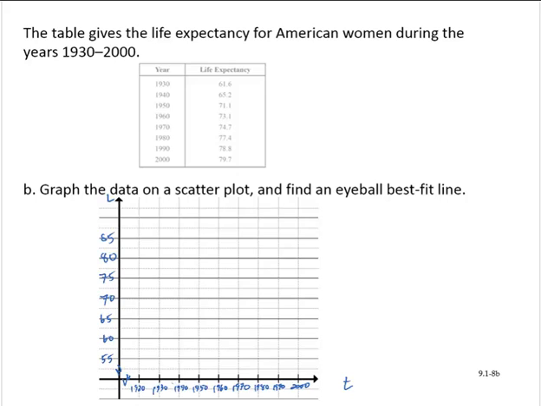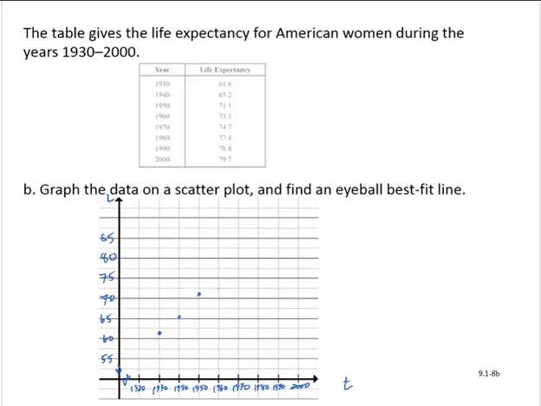All right, 1930, we have 61.6. So that's about here. 1940, 65.2. 1950, 71.1. 1960, 73.1.